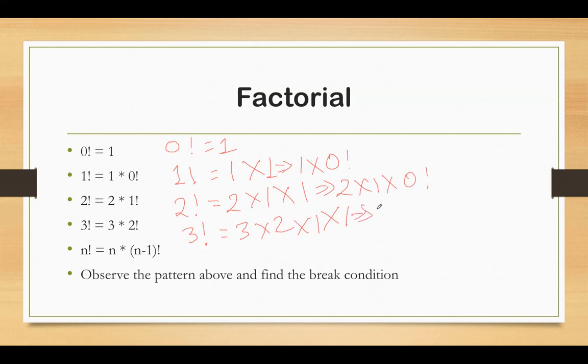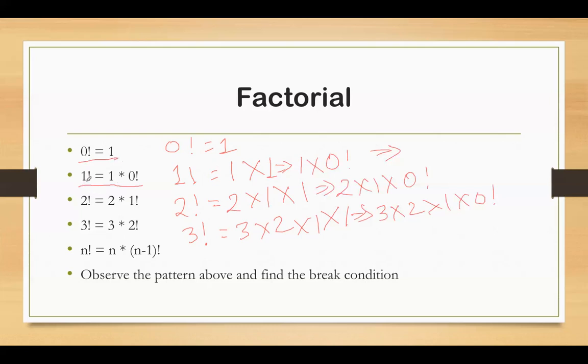This can be simplified as 3 into 2 into 1 into 0 factorial. If we further simplify it, it will look like this. That 0 factorial cannot be broken down even further, so it will remain 1.